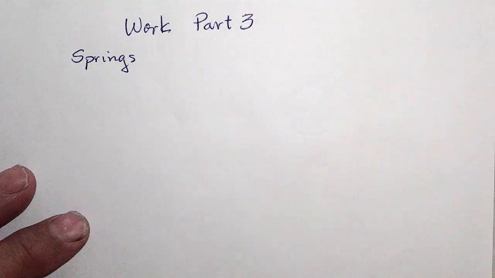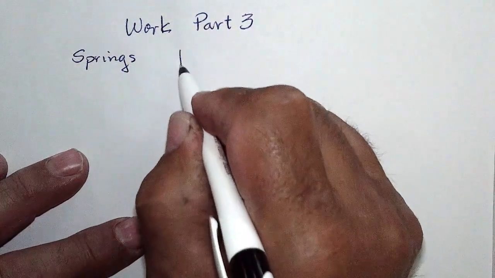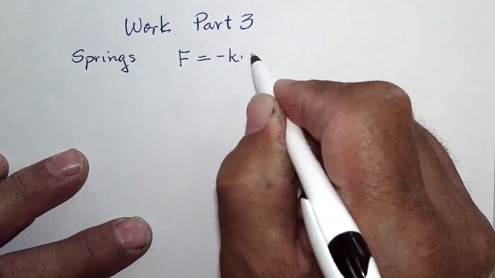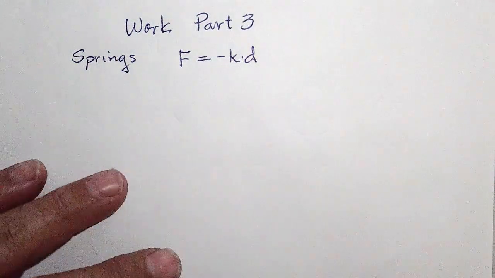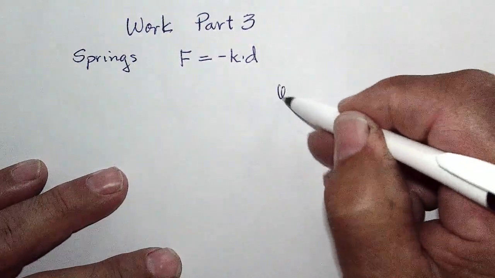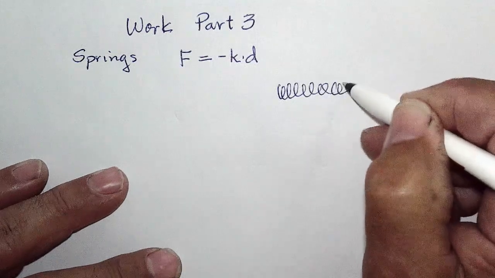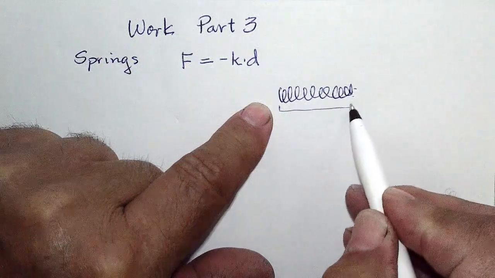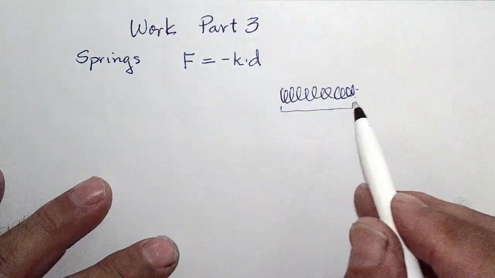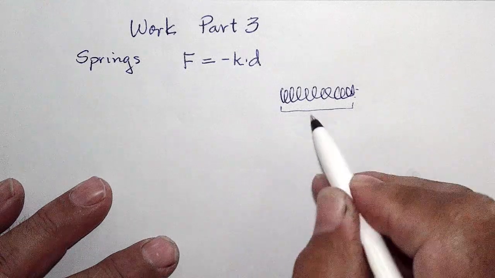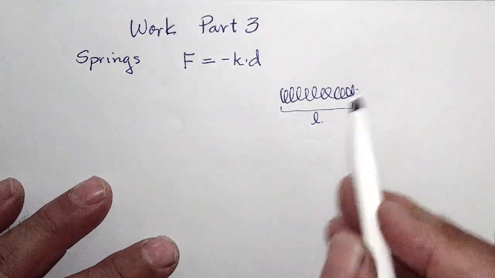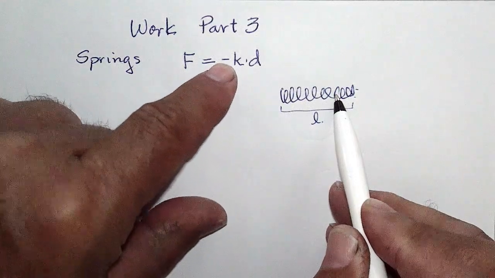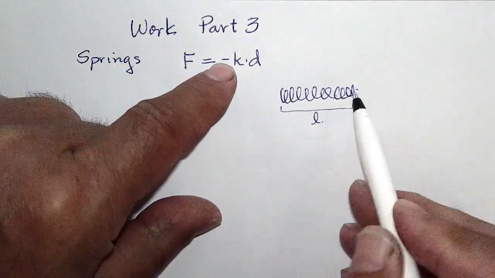Now, Hooke's law, as you probably know, is minus k times d, which means if you have a spring and you just have it sitting at rest, nothing pushing on it or pulling on it, it has some kind of length. And if you compress it, the force of the spring will be opposite the direction you've moved it.